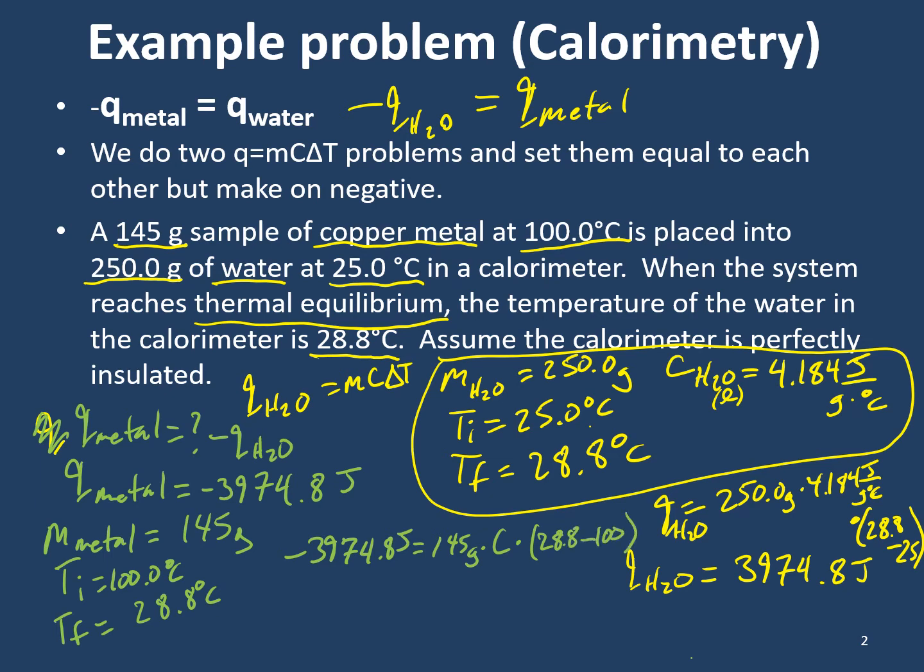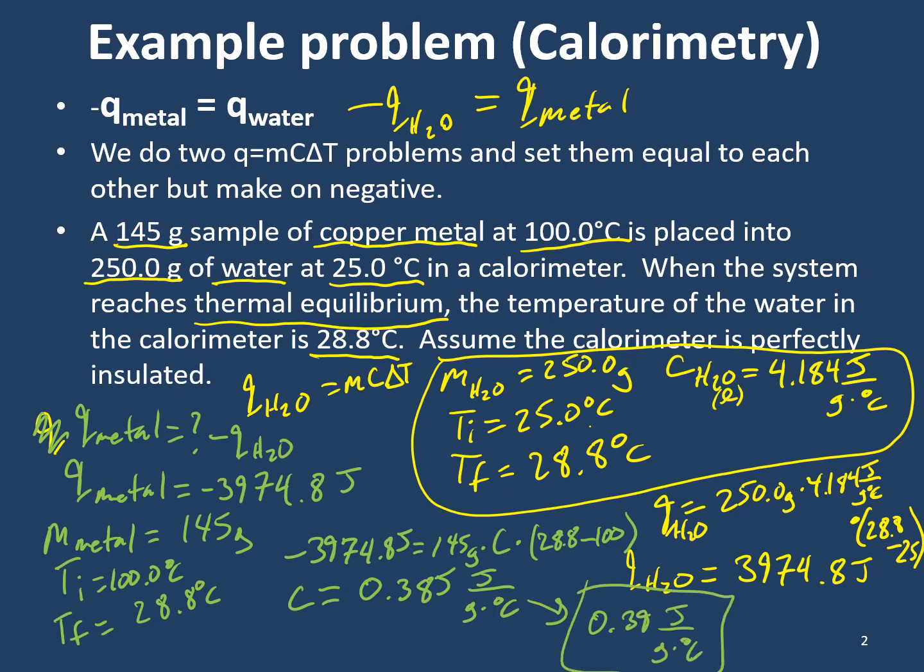And we can rearrange this and solve for C. And what we get is 0.385 joules over grams times degrees Celsius. Which, I mean, technically we should round to 2 sig figs, so this would be 0.39 joules per gram degrees Celsius.